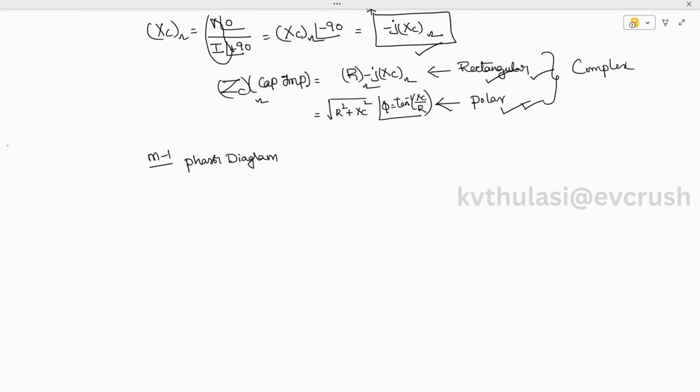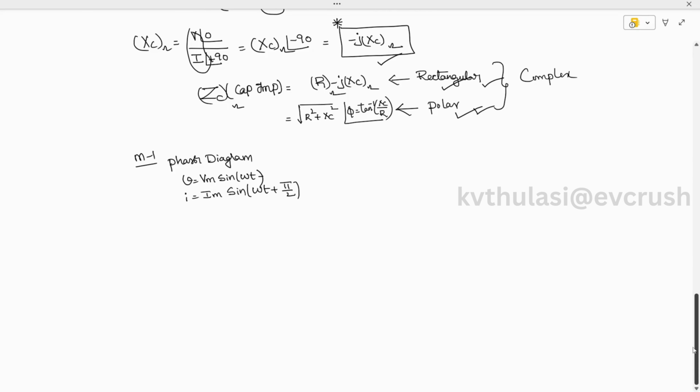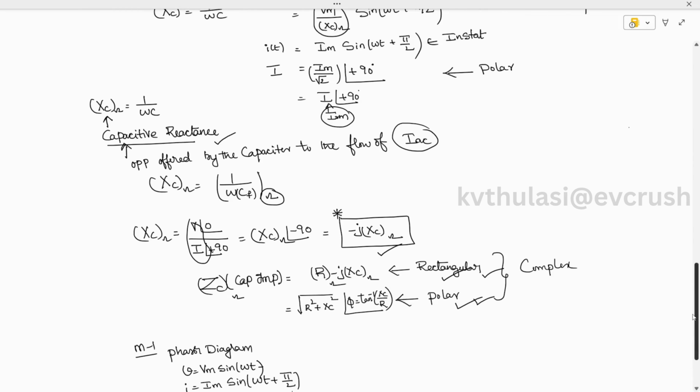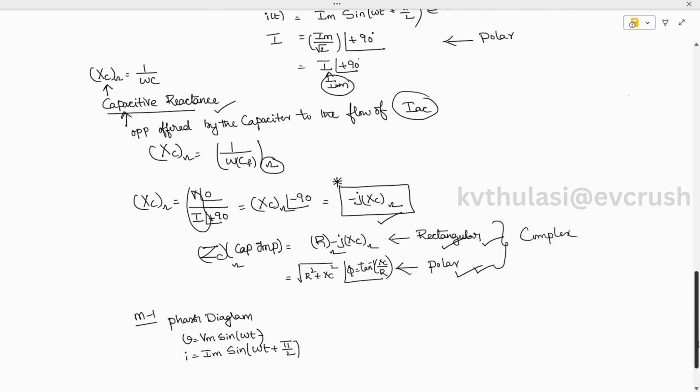The first method is v equal to Vm sin omega t, and i is equal to Im sin of omega t plus pi by 2. This is the method of writing the voltage and current, as I had already written previously.